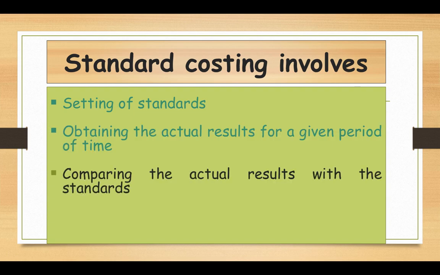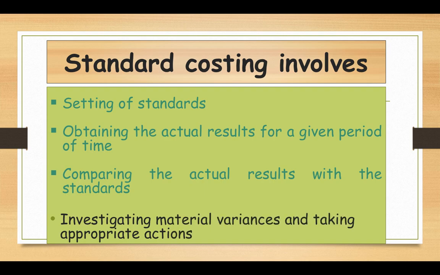Then we compare the actual results with the standards and we calculate the variances. Once we have calculated the variances, we investigate the material variances, that means variances which are big, and take appropriate action wherever necessary.